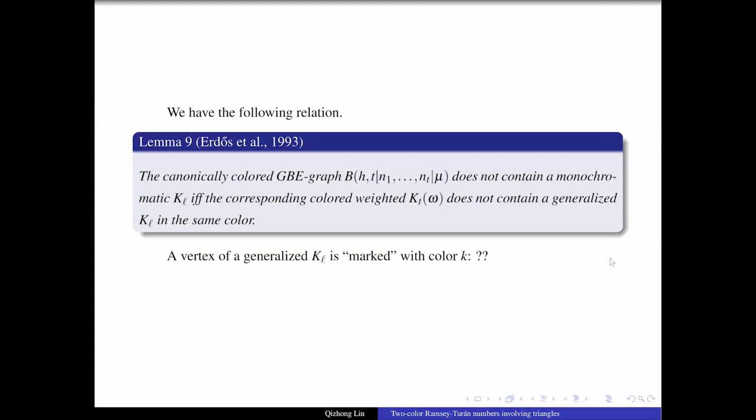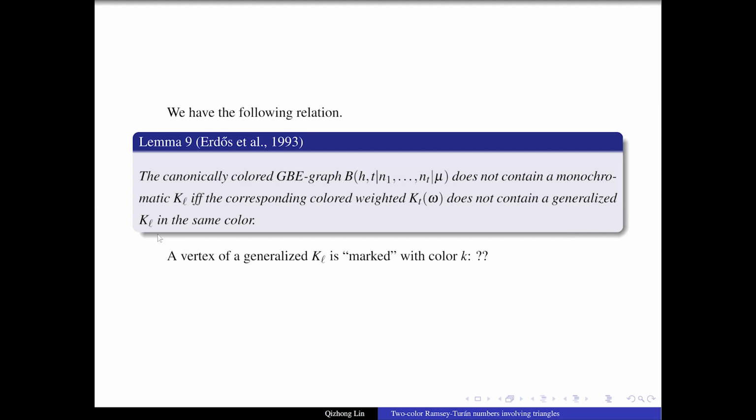So now we have the following relation. The following lemma tells that the canonically colored generalized Bollobás-Erdős graph does not contain a monochromatic Kℓ if and only if the corresponding colored weighted complete graph does not contain a generalized Kℓ in the same color.